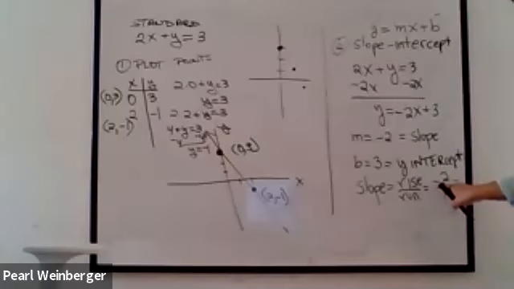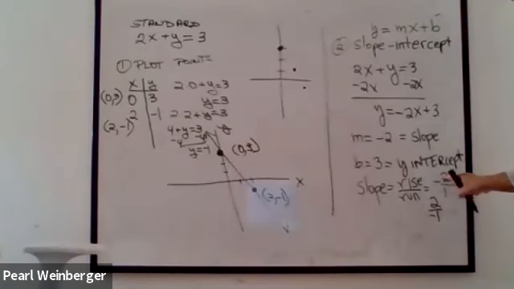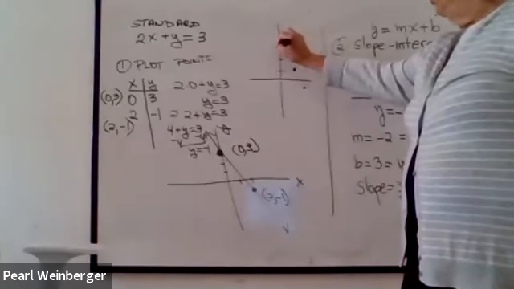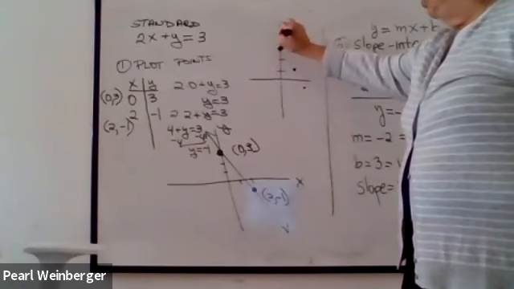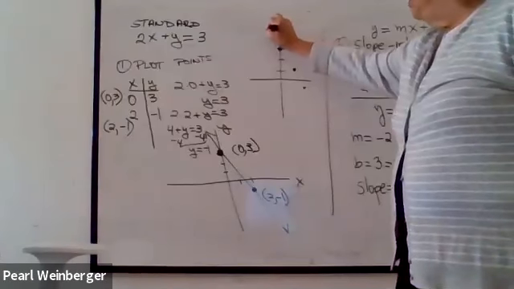Actually, instead of writing this as -2 over 1, I could have written it as 2 over -1. When you have a negative in a fraction, it could be either on the top or the bottom, which means I could have also risen 2, that means go up 2, and run -1, which means go 1 to the left.